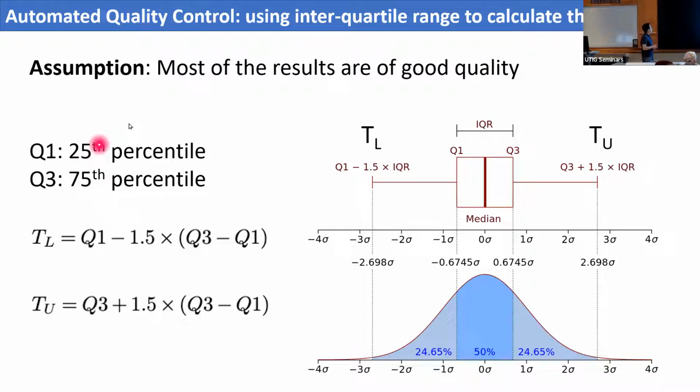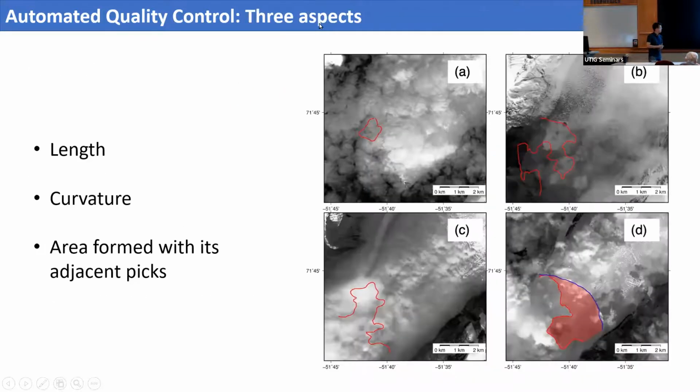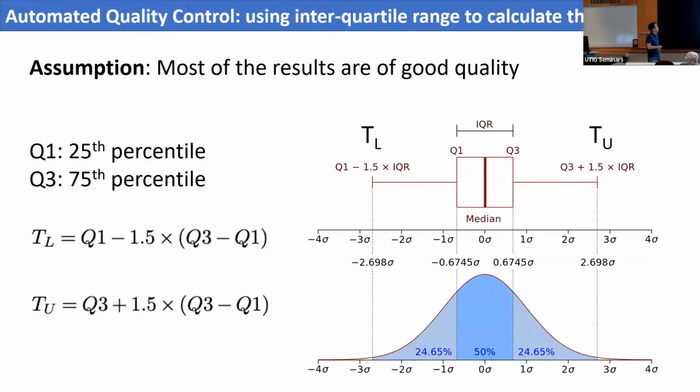And although the deep learning network cannot work on all the images, it can have a good performance on most of them. And based on that, we use this interquartile range to calculate two thresholds. One is a lower threshold, one is an upper threshold.